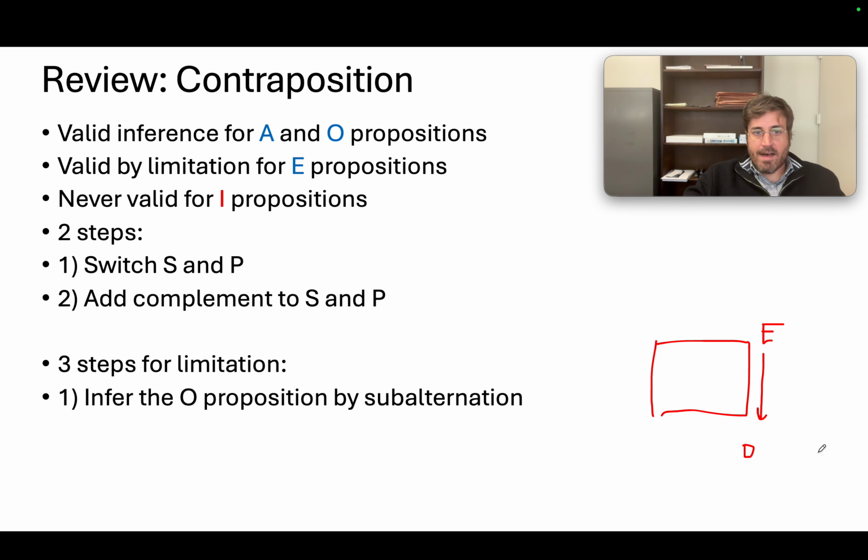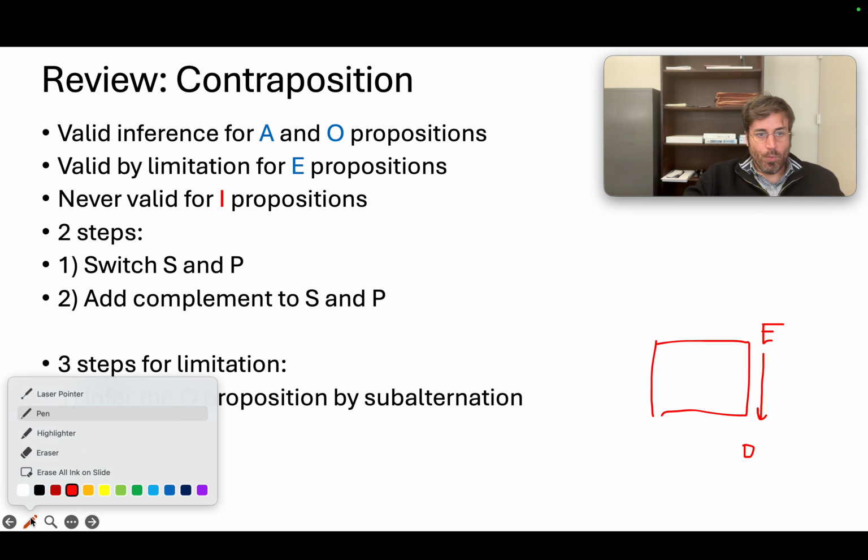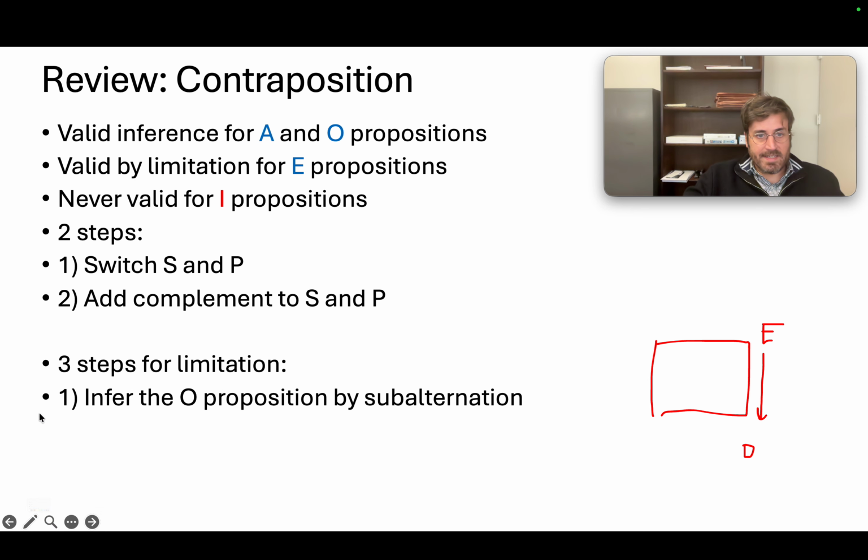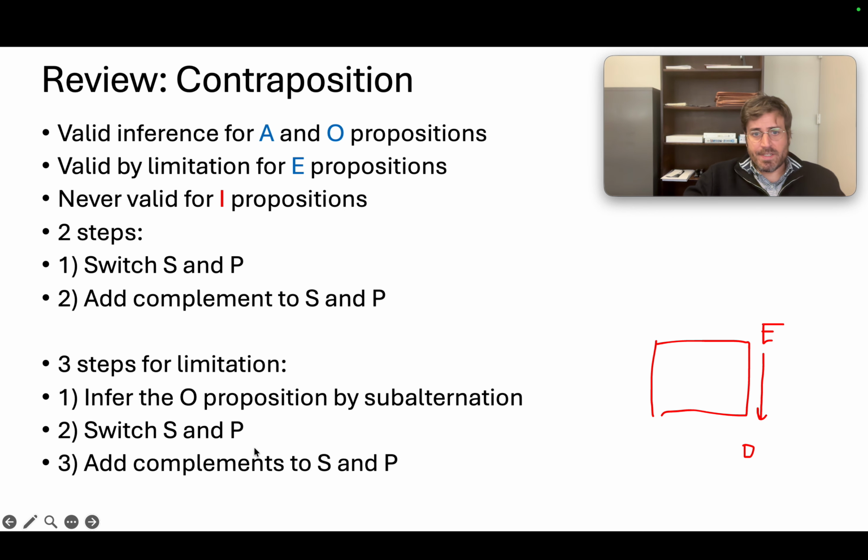And then once we have our O proposition, we can apply the remaining steps. We switch S and P, so some S are not P becomes some P are not S, and then we have to add the complements to S and P. And this gets tricky because we already have negation in there.